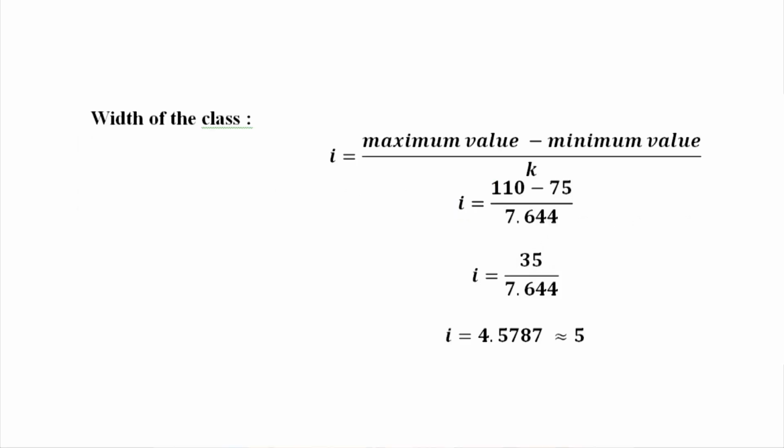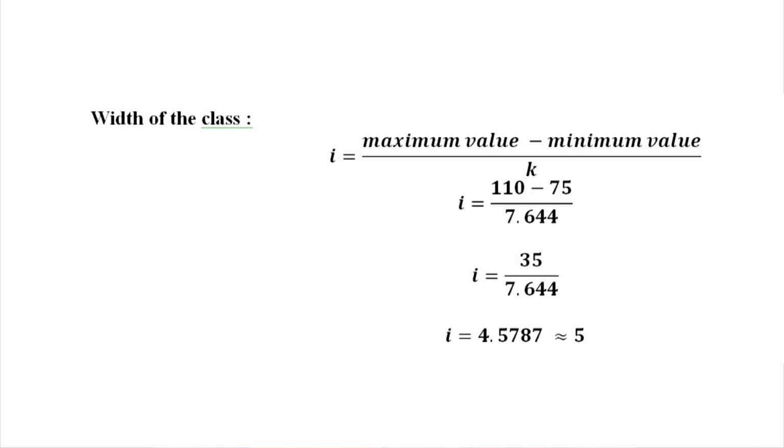Now, the width of the class is decided using the formula width, which is denoted by I, is equal to maximum value minus minimum value divided by number of classes. That is, from the data we observe that the maximum value is 110 and the minimum value is 75.